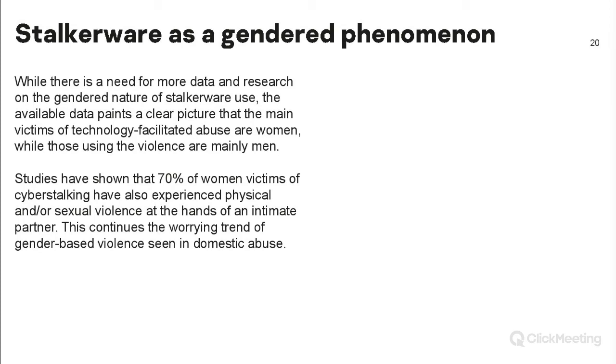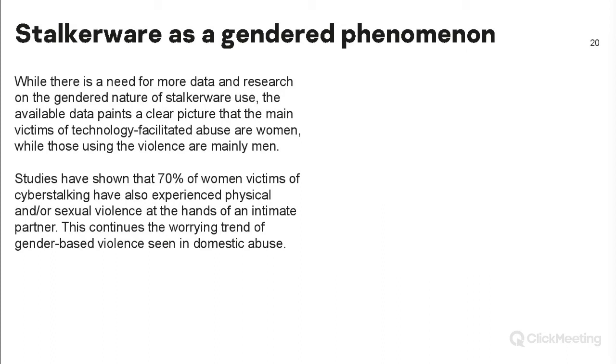And I want to make a short excursion, so to speak, on a topic I have not been focusing so much on, and something that we basically have no data on, unfortunately. But Stalkerware is a gendered phenomenon. That's something that we as the Coalition Against Stalkerware, so we with WWP EN and us as Kaspersky, agree: the majority of victims are women.